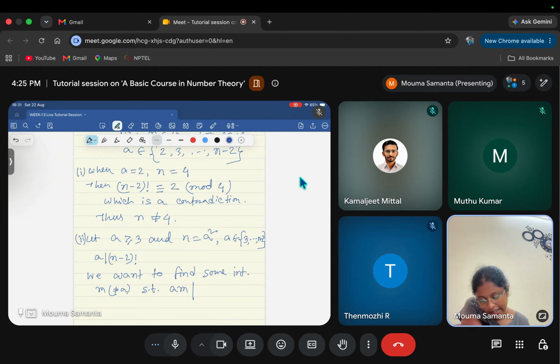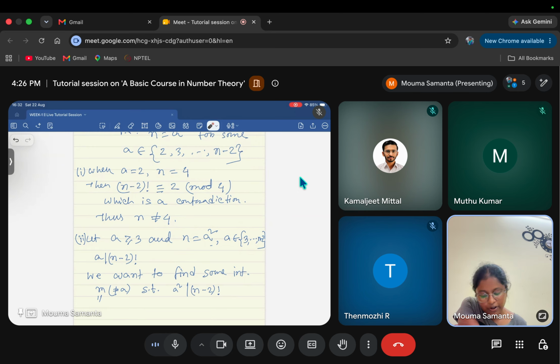We should get m in terms of the integer a. Actually my final aim is to show a square divides n minus 2 factorial.